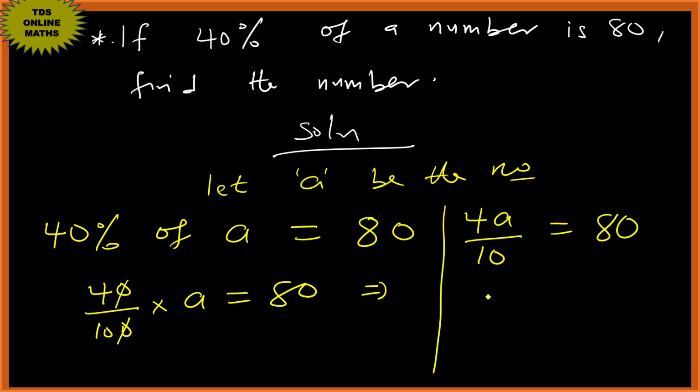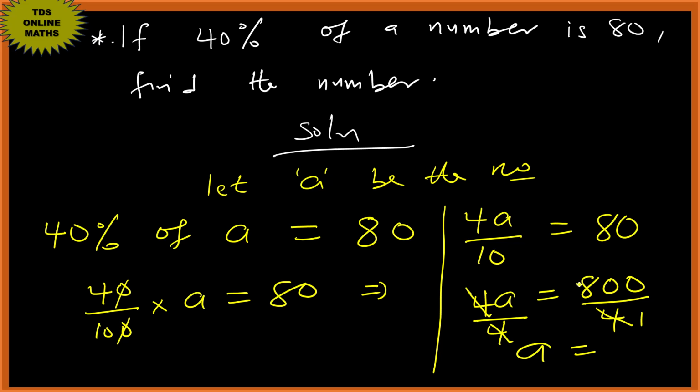So we can do cross multiplication, which will land us at 4A equals 800. So let's divide both sides by 4. Very simple. This one will cancel this. So my A is straight away 4 here, 2. So we have another 200 here. So that's that.